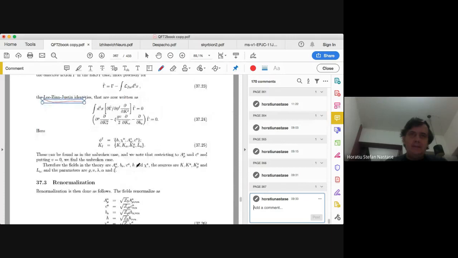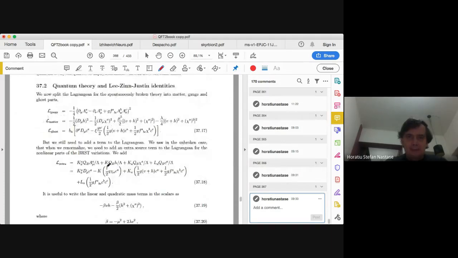Then the same thing for K. So K multiplies the variation QB of H, which is proportional to C. So K is like B. So I also have to add plus K ∂/∂K, and then the variation of Ka, which is again proportional to C. So then Ka is like B. So I also have to add plus Ka ∂/∂Ka.